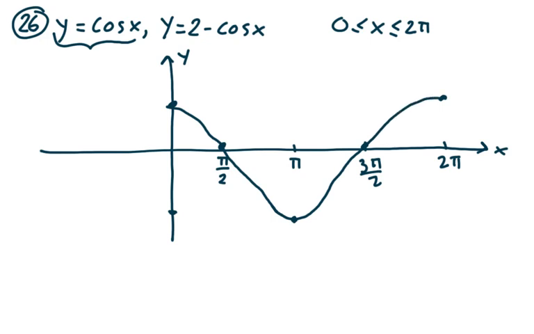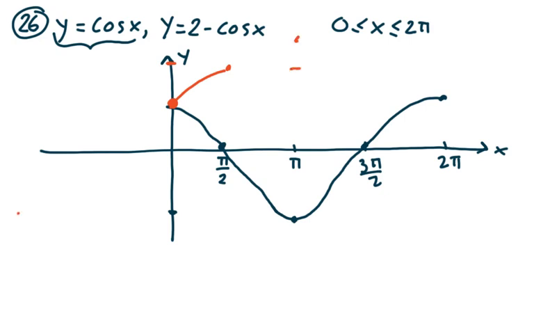So this is y equals cosine x. Now we're going to do y equals 2 minus cosine x in red. When x is 0, y is 1. So it looks like we're in the same spot. When x is pi over 2, my corresponding y value is 2, which means we're up here. When x is pi, we're at 3.